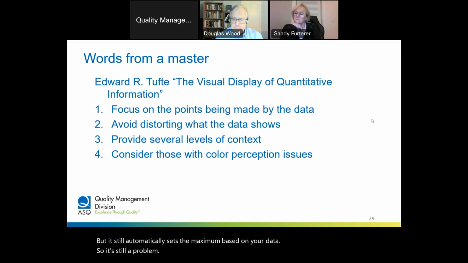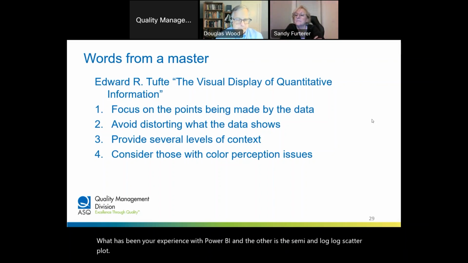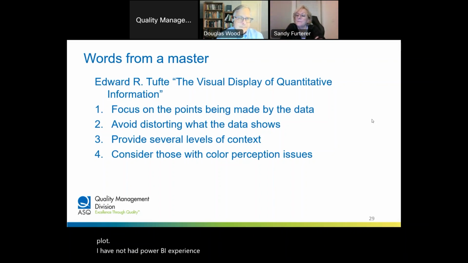What has been your experience with Power BI? And the other is the semi-log and log scatter plots. I have not had Power BI experience myself. Have you, Doug? I've opened it a few times and I've worked with it a bit. There's a bit of a hurdle you have to overcome in terms of getting your mind around the controls of Power BI.